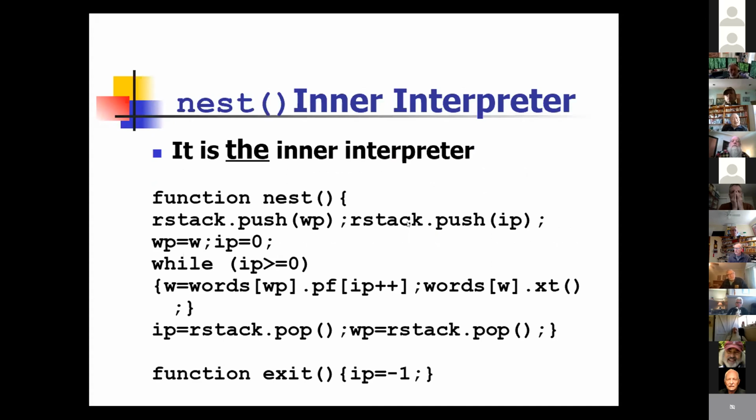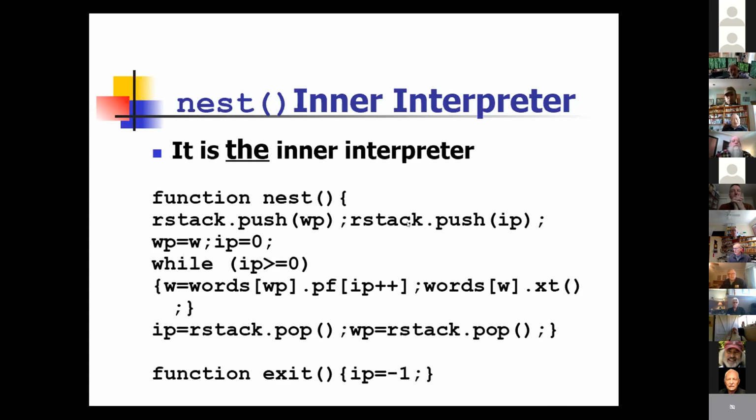So actually, I would say nest is the inner interpreter, because all the words defined in the system after you boot up the system are colon words, and colon words all have nest as their inner interpreter. This nest is just an infinite loop, which goes through the token list from the beginning to the end.